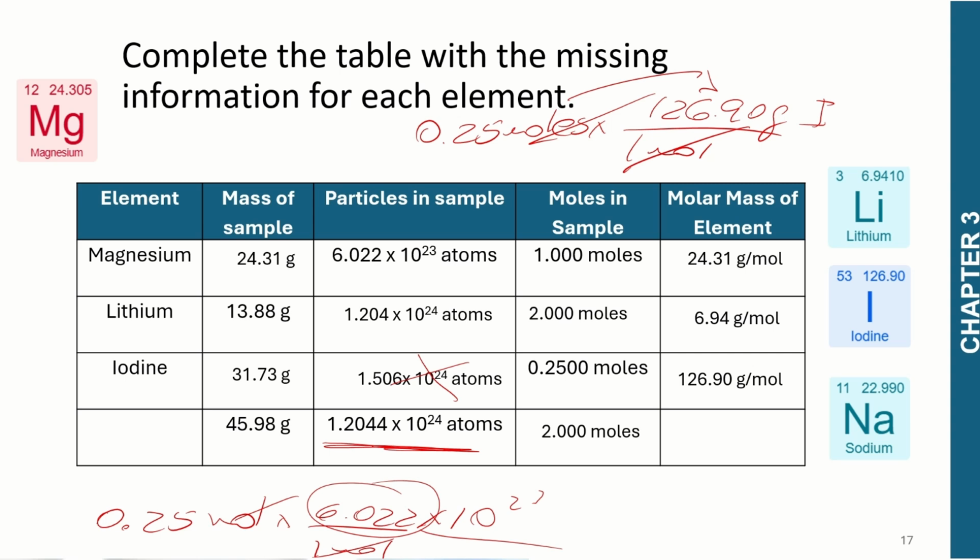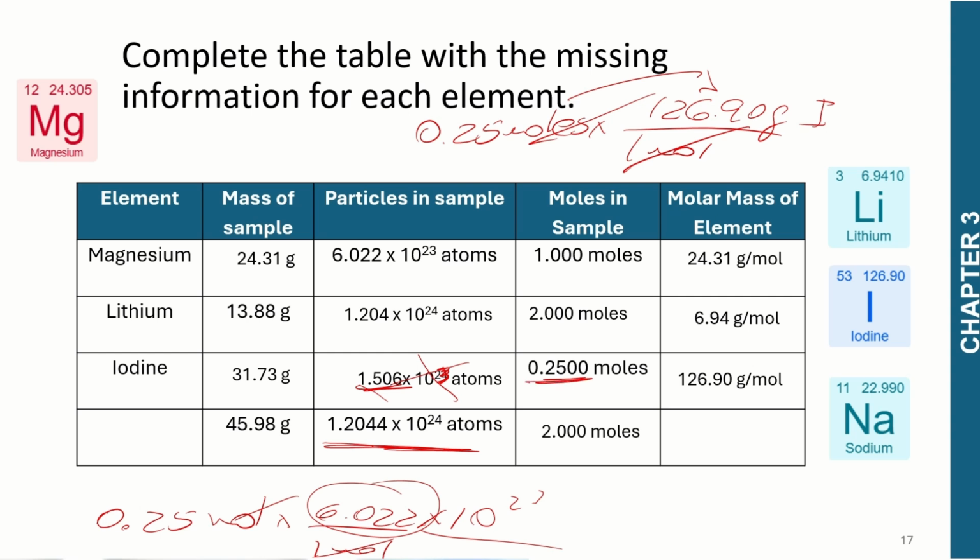It's 0.25 times 6.022 times 10 to the 23rd. And here it is 23rd, not 24, sorry. I made a mistake here, okay? Of course, it should reduce, not increase, because it's 0.25.